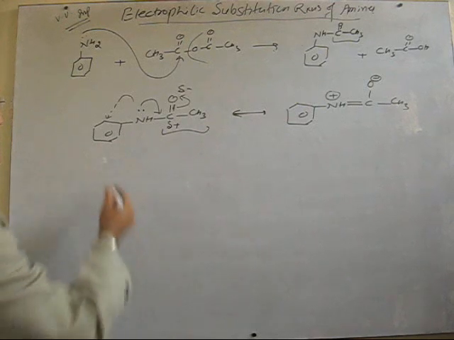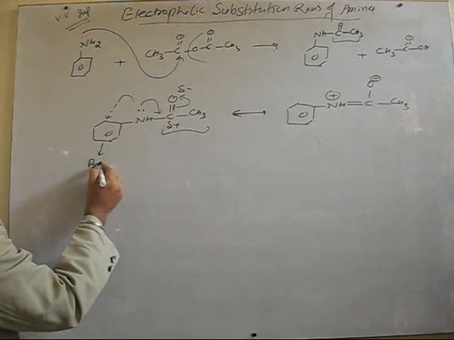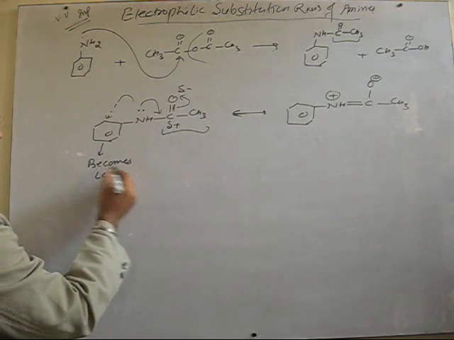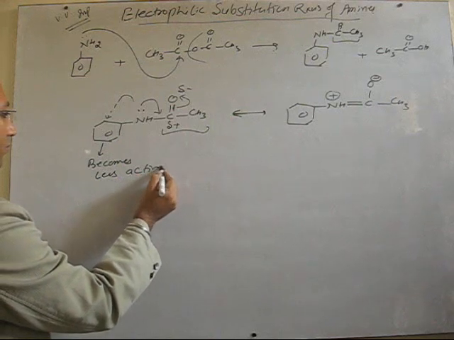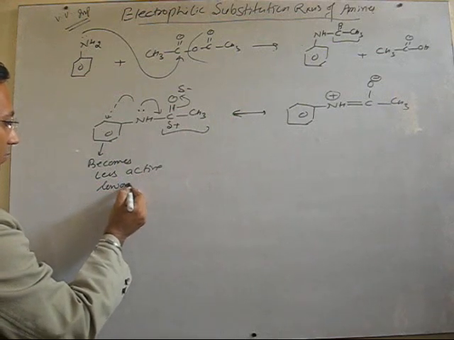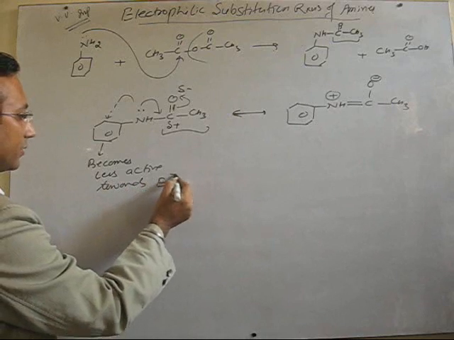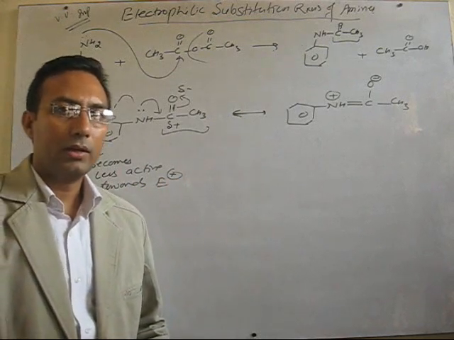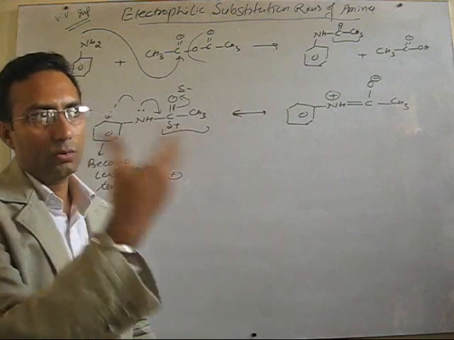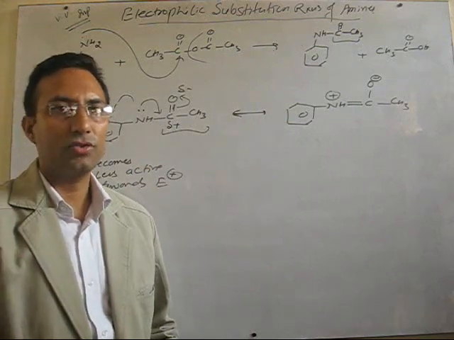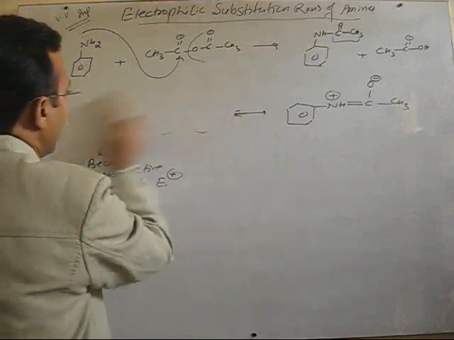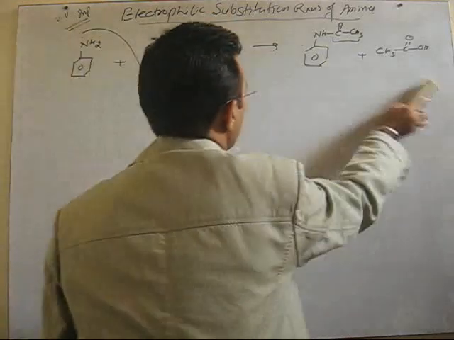As a result, this benzene ring becomes less active towards electrophiles. Therefore, we can control this electrophilic substitution to mono-substitution rather than tri-substitution. Let's do one reaction, that is bromination.